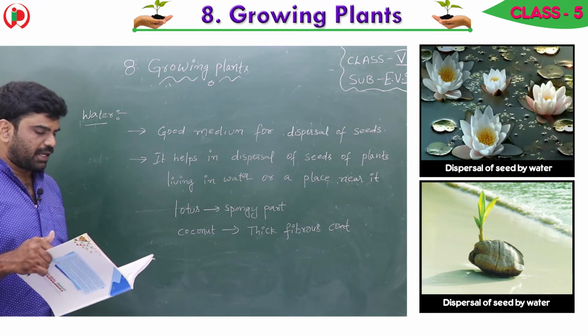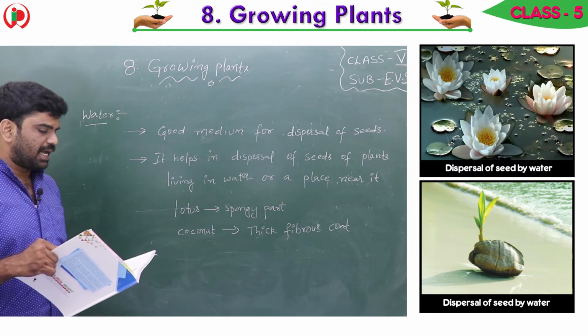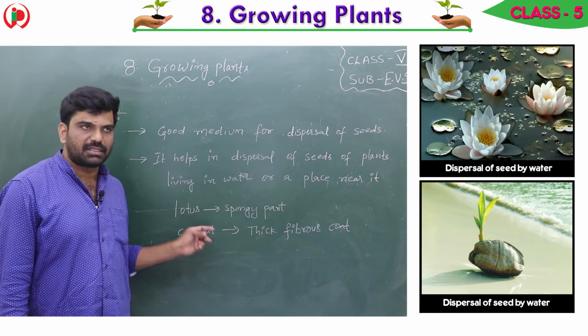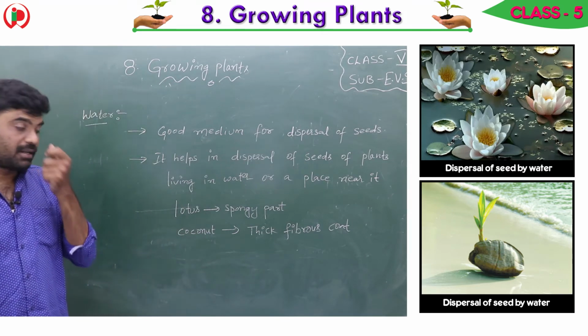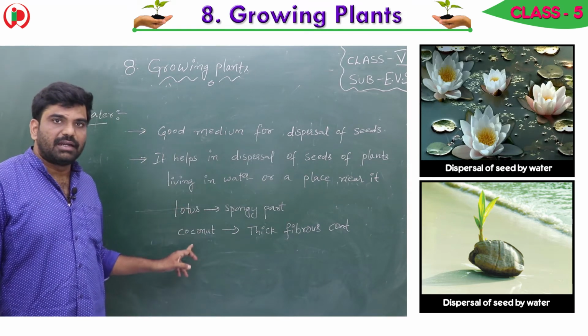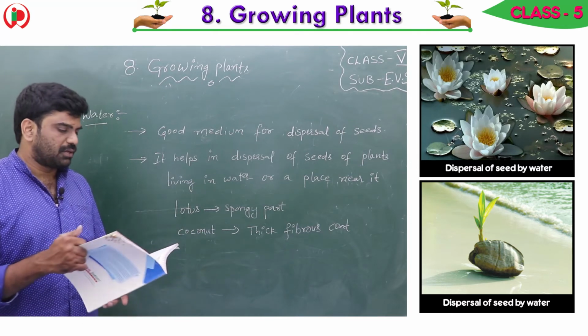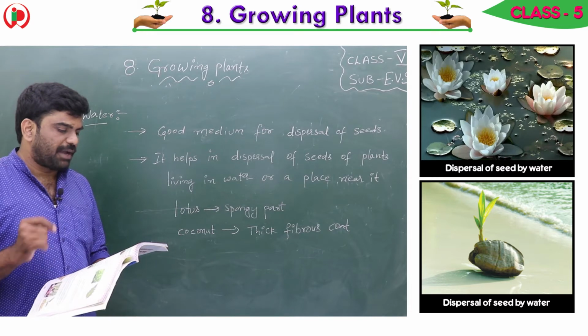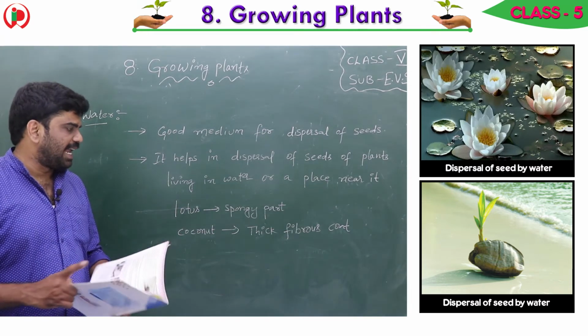For example, the lotus seed has a spongy part. Lotus. Children, do you know lotus? Yes. Lotus floats on water. It has a spongy part. At the same time, coconut. See, the coconut has a thick fibrous coat which is very lightweight.